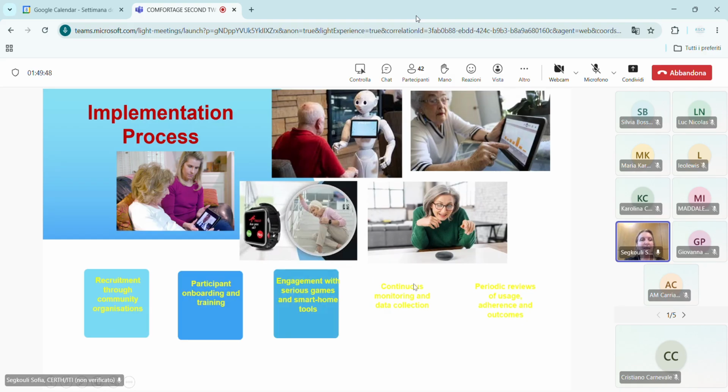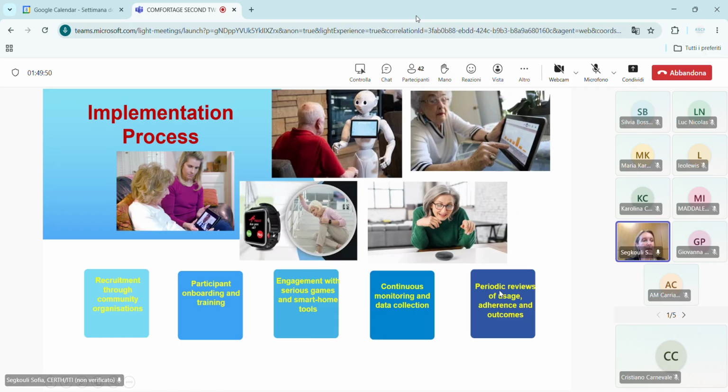It's very simple. Our pilot follows a structured and participant-centered approach to ensure both effectiveness and accessibility. Recruitment is conducted through community organizations.